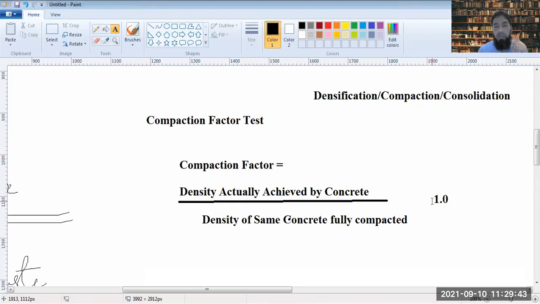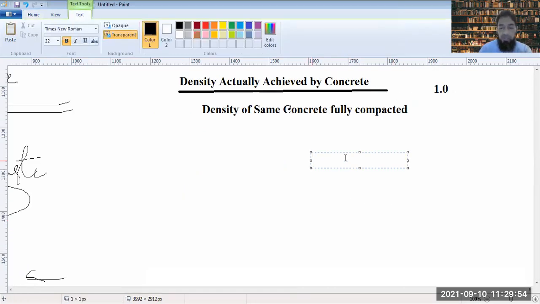So with a compaction factor near 1, it is easy to work with, and the further below 1 you go, the less properly it is getting compacted, so it is not flowing properly and is not easily workable.